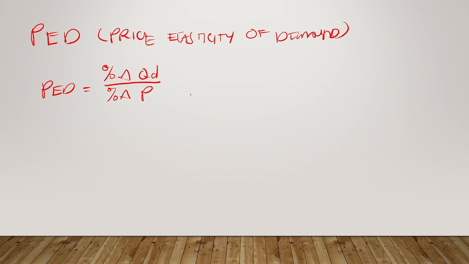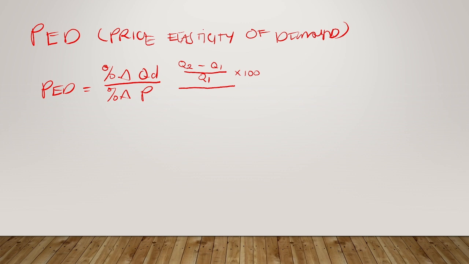To compute the percentage change of QD, it is Q2 minus Q1 over Q1 times 100.